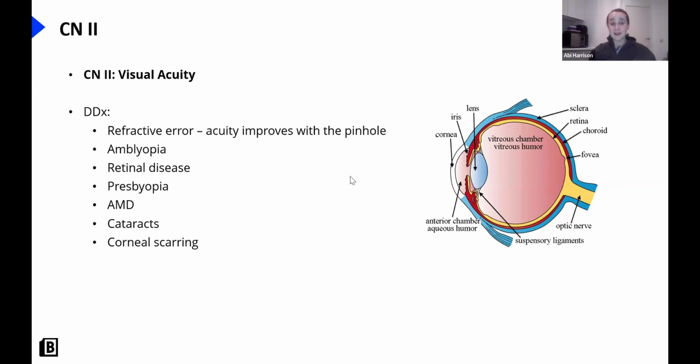AMD is age-related macular degeneration, and this causes blurring or loss of the central visual field, and that's commonly due to drusen, which are deposits on the retina, and that can either be wet or dry. Cataracts is where your lens becomes more opaque, so the light isn't coming through the eye, being refracted and converging on the retina as it normally would. And then corneal scarring also affects that same process.